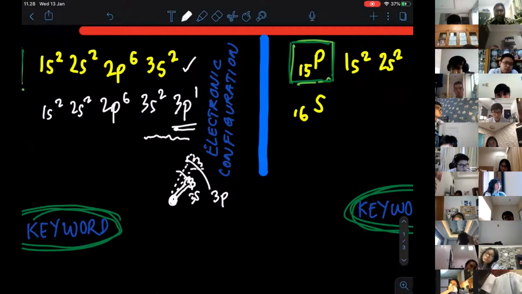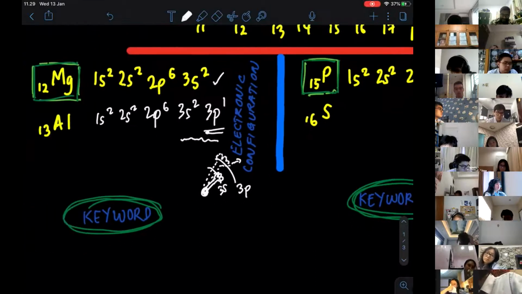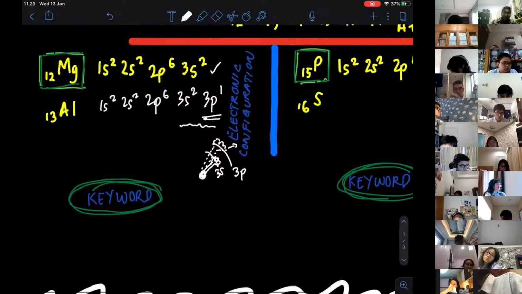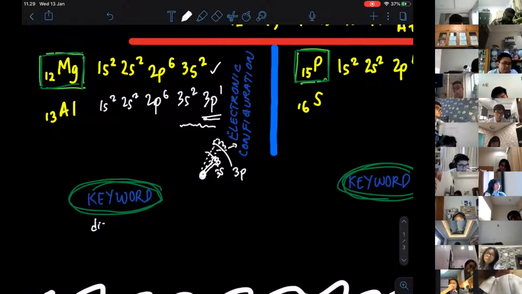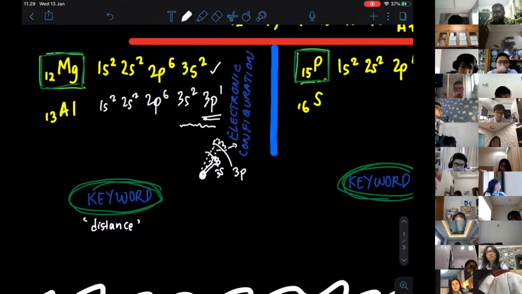That makes it easier for the electrons to be removed from 3p. So the keyword over here is that 3p is slightly further from the nucleus than 3s, so less energy is required to remove the electron. The keyword is related to distance. That is what we are looking for.